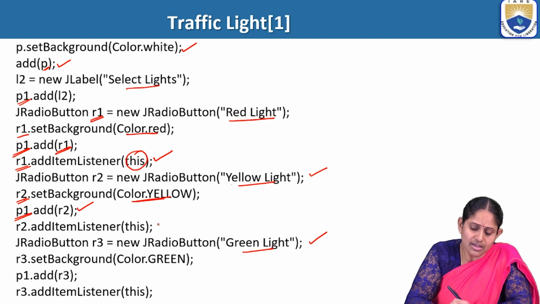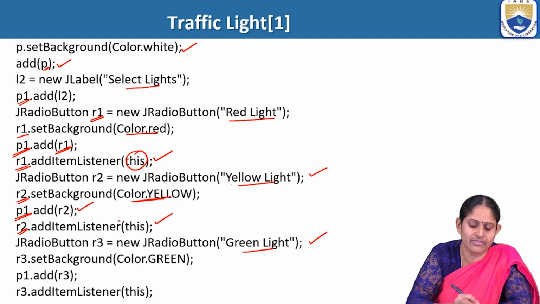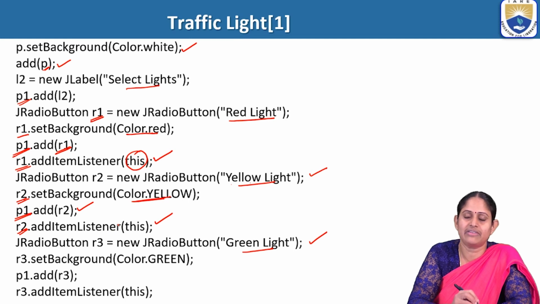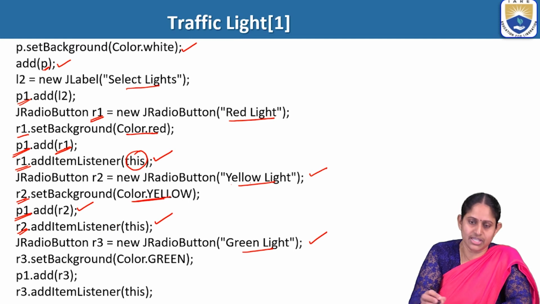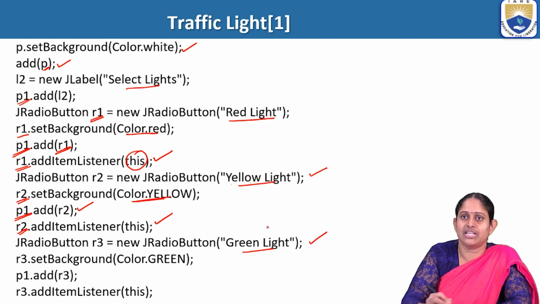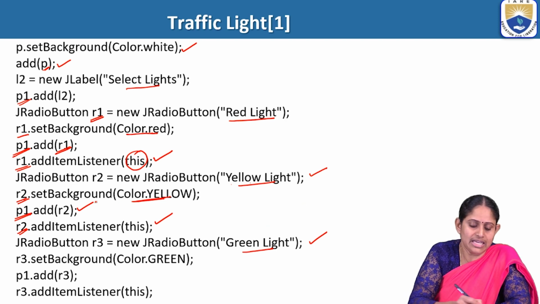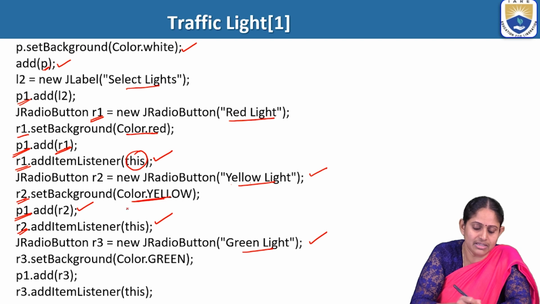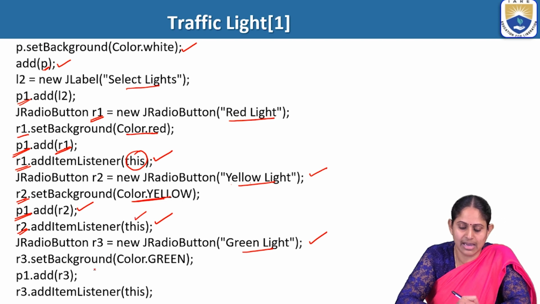Similarly, we are adding the item listener event for this radio button. That means when we click that radio button, the message for yellow light, Ready, should be displayed on the first panel. So for that, we are registering this radio button with this particular event.